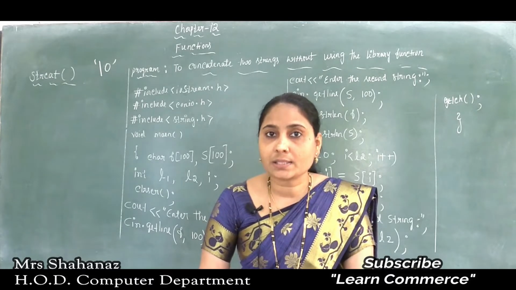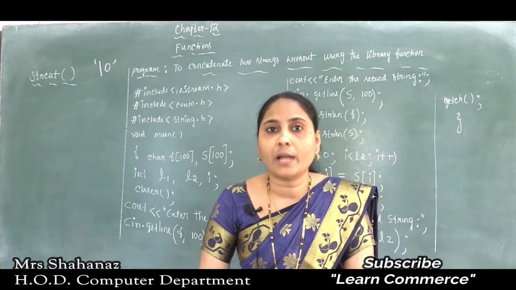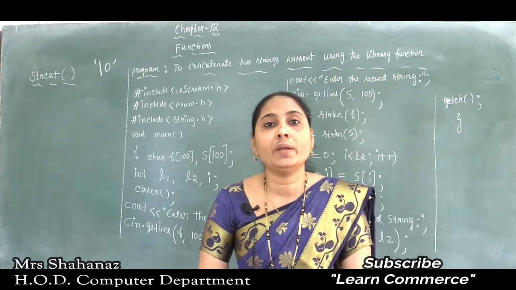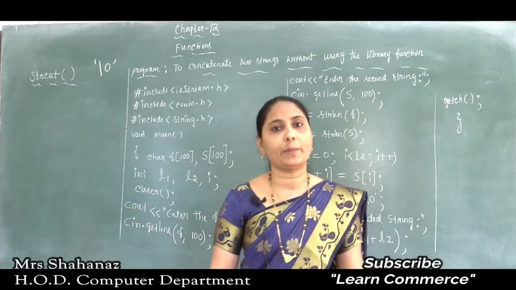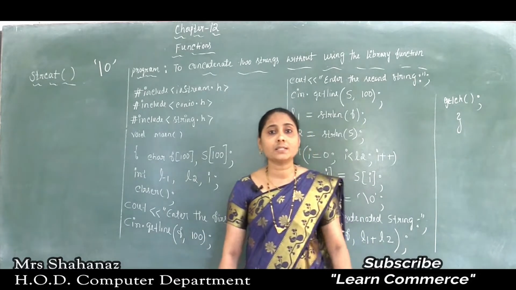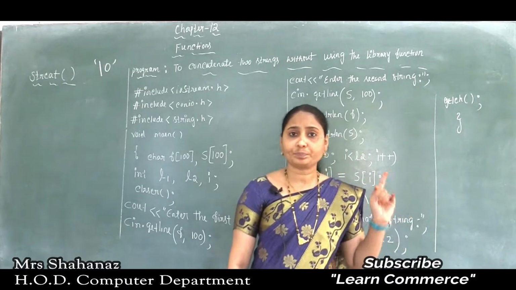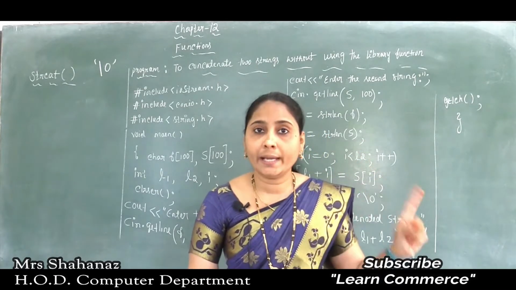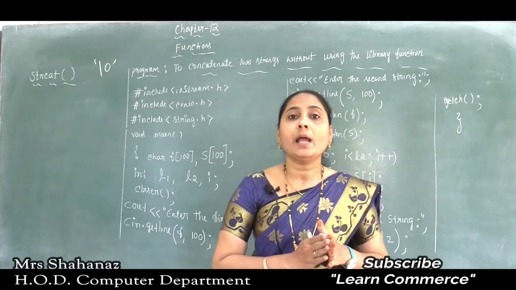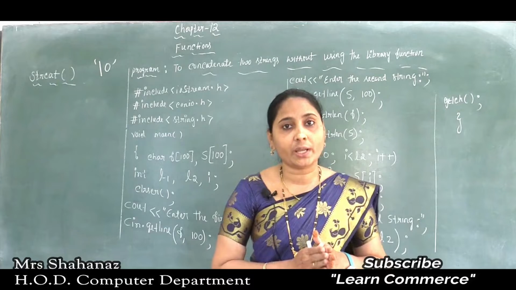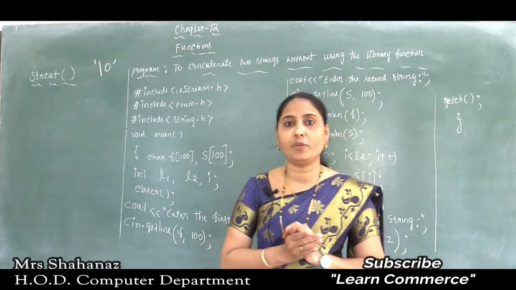In the last class I used the example computer. When you count the characters in the word computer, it returns 8. So the length of computer is equal to 8. We already completed finding the length of a string with and without using a library function.